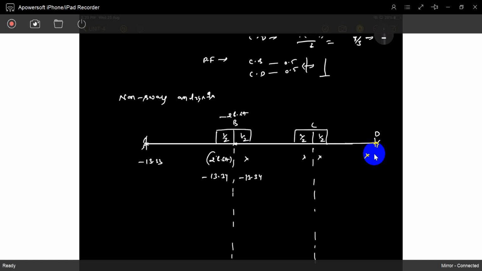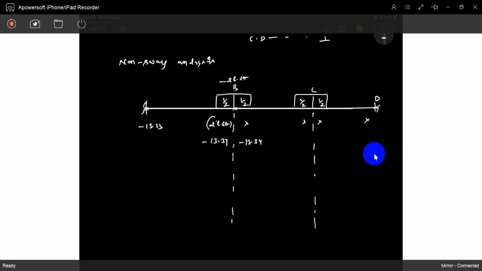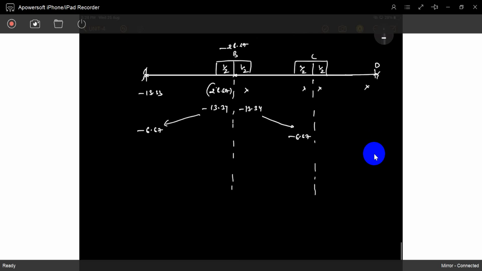Okay, because it is settled. But the settling is not over. See, a carryover will come like this. What is that value? 6.7. That is the problem. Up to now C was staying away, but once you apply for the BC joint, the carryover moment carries to C. This is minus 6.67.